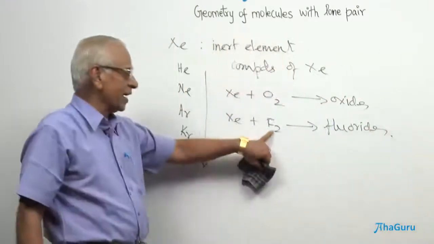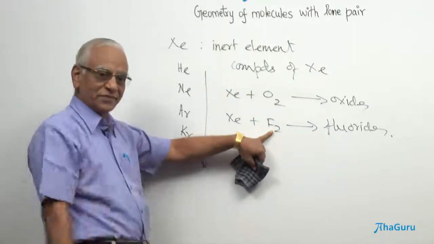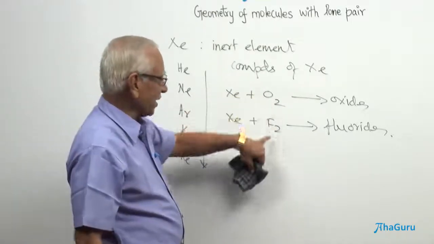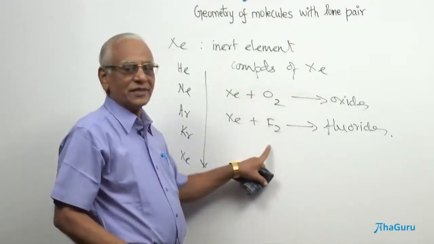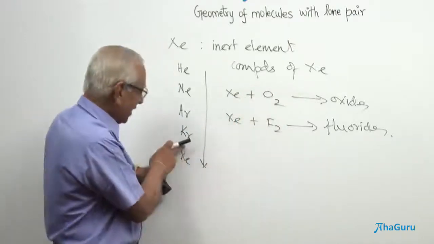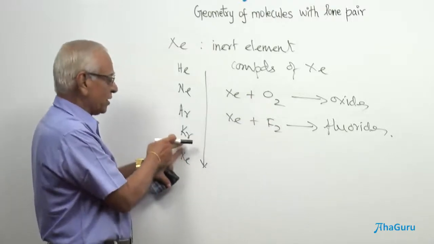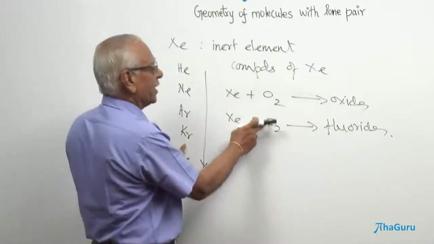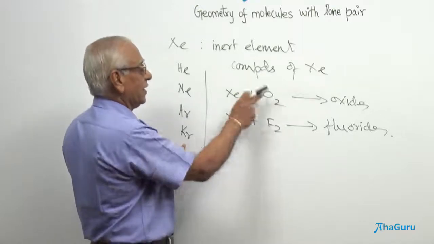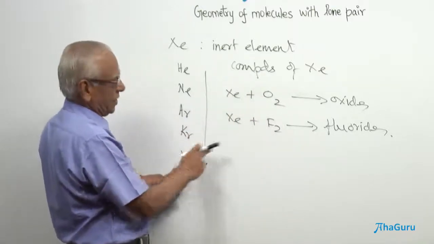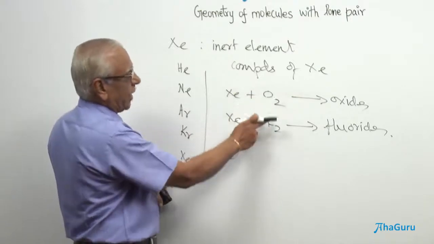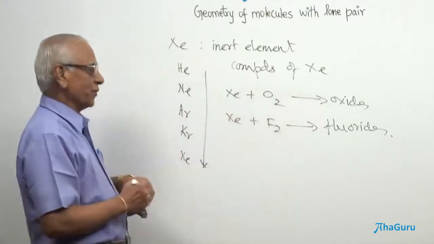Xenon does not react with other elements in the periodic table. Now, what is the characteristic of fluorine and oxygen? They are highly electronegative elements. Therefore, that excitation of electrons is possible only with highly electronegative elements, and that too because of low ionization enthalpy, and fluorine and oxygen happen to be highly electronegative.